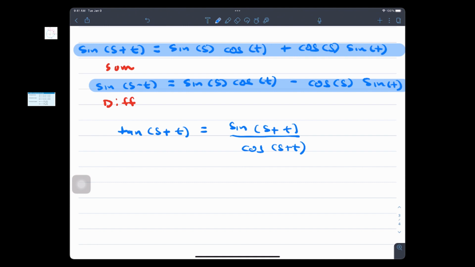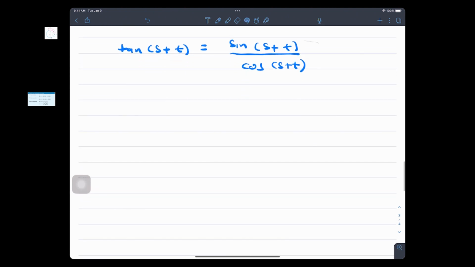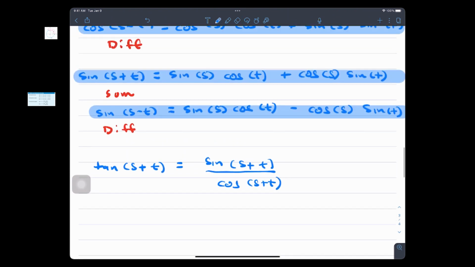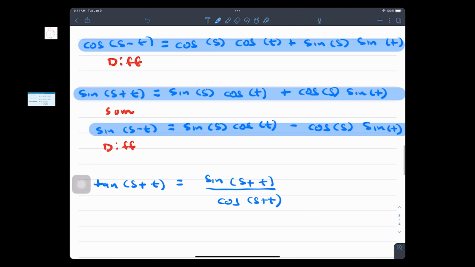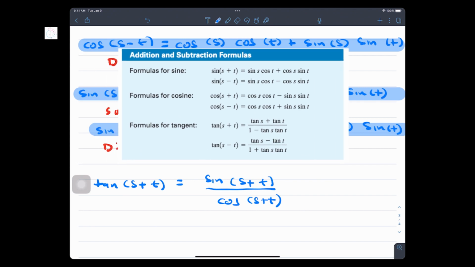Okay, sine over cosine. And again, these are all in your book. So you guys say, oh, are these in my book? Yeah, they're in your book, 7.2.